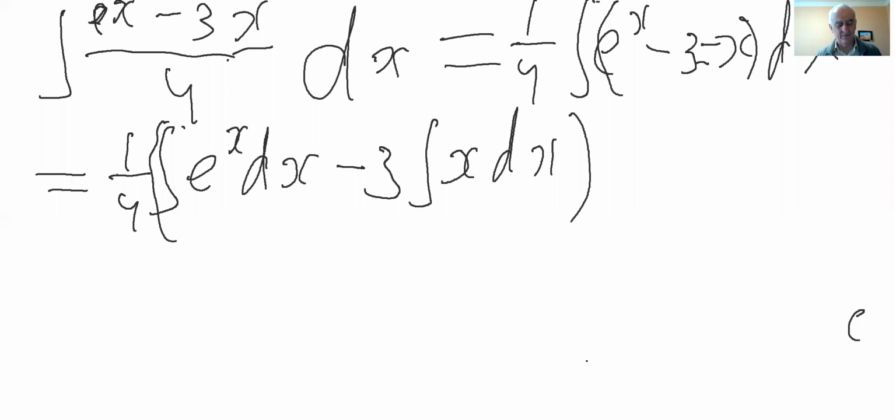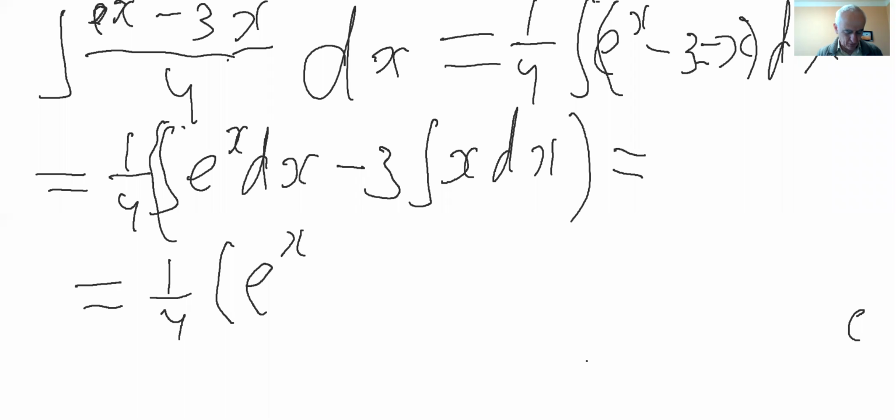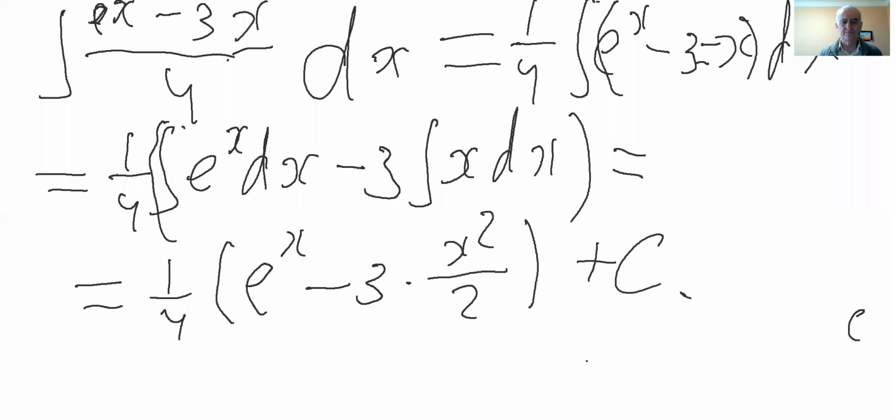And now I think it's clear. It's 1/4, and in the parentheses we have the first integral, e to power x, minus 3 times x squared over 2 by the power function, plus c.